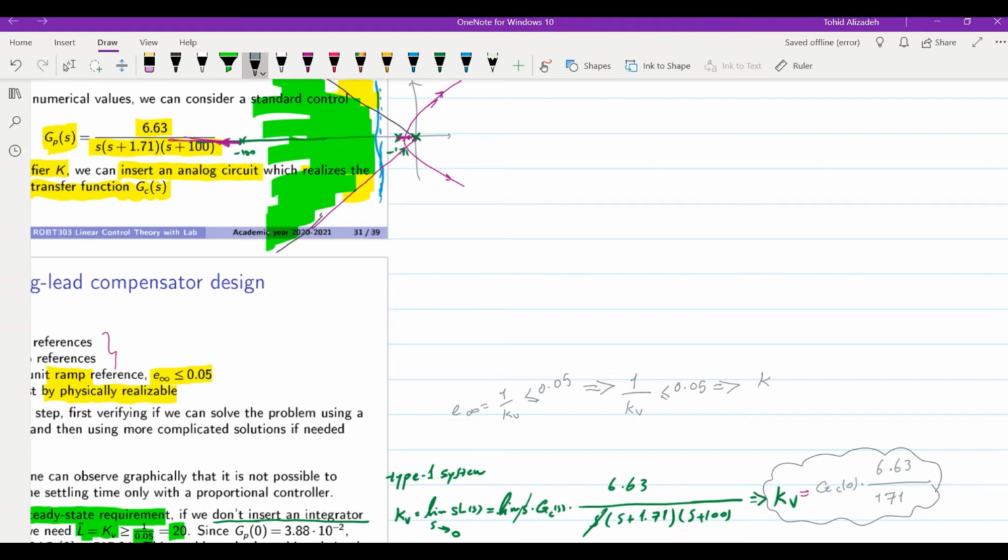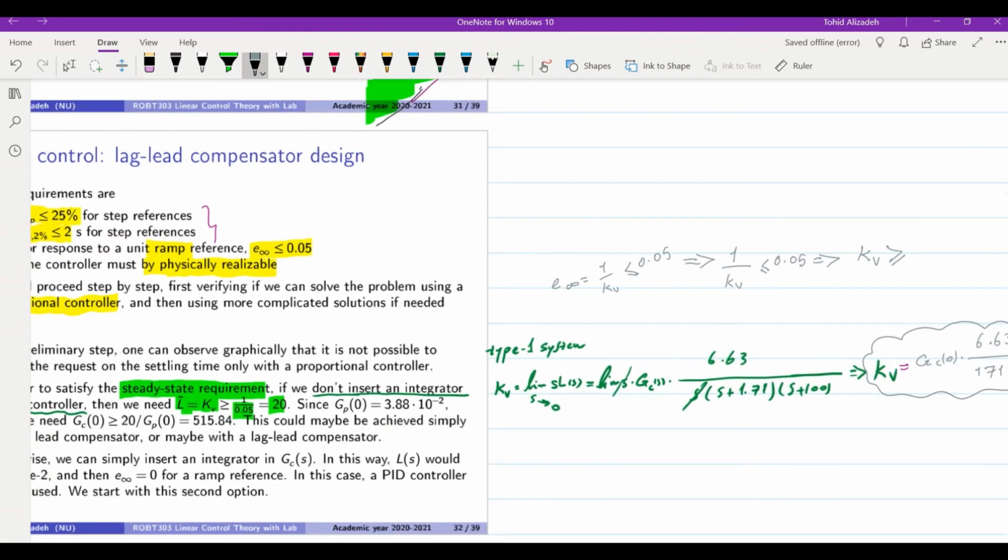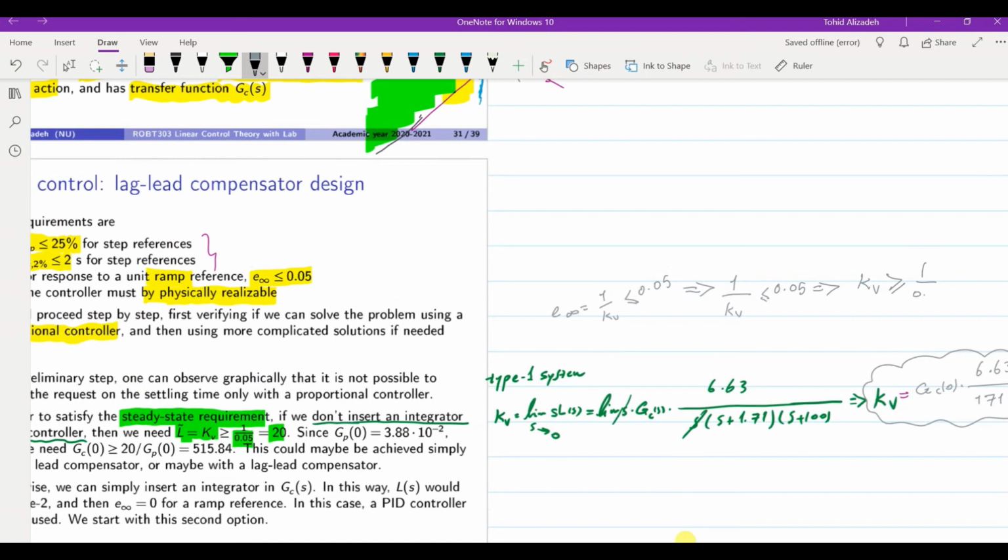This means that kV should be bigger than or equal to 1 over 0.05, which is equal to 20. Okay, so kV should be bigger than or equal to 20, and this is equal to GC at 0 times 6.63 over 171.